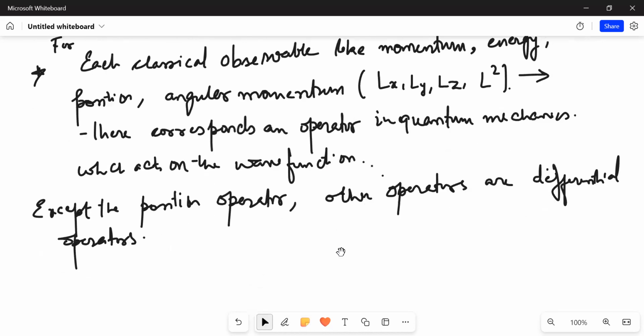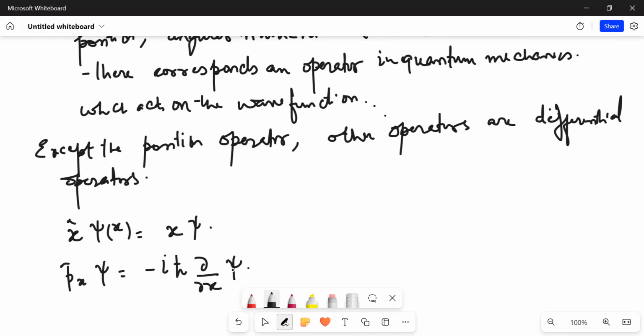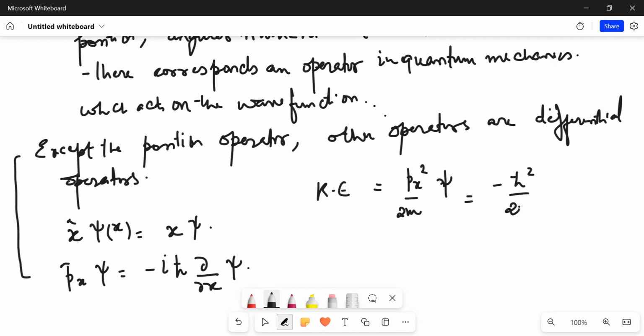So for example, the position operator: x̂ψ(x) is simply multiplying x by ψ. And if I say what is p̂ψ, it is equal to minus iħ ∂ψ/∂x. This is a postulate. Just remember, if I want to write the kinetic energy operator, then it will be p̂x² upon 2m if it is in one dimension, so basically minus ħ² upon 2m ∂²ψ/∂x².